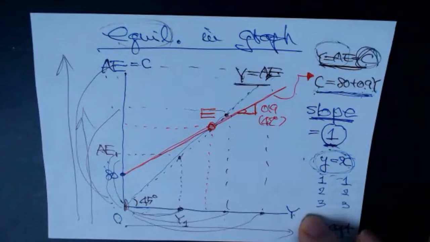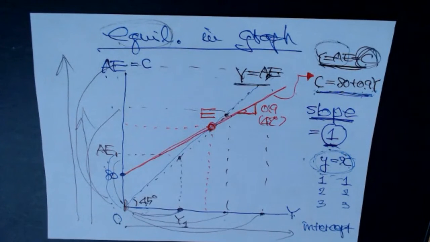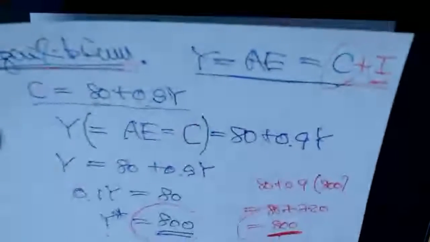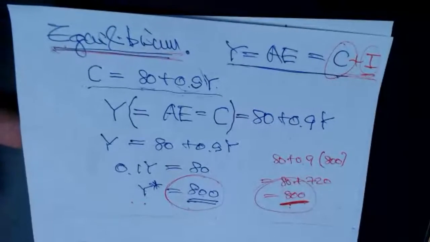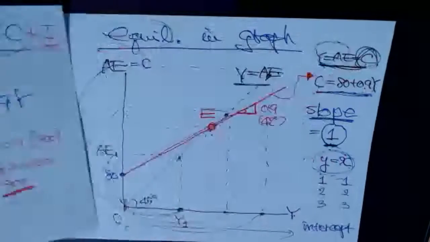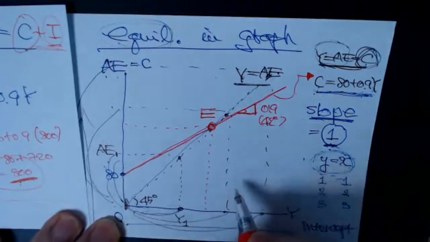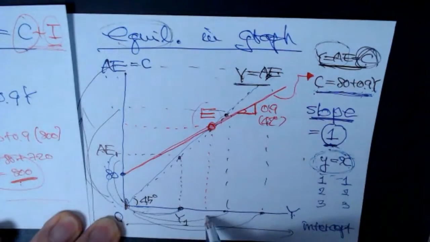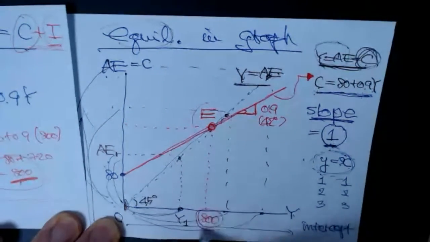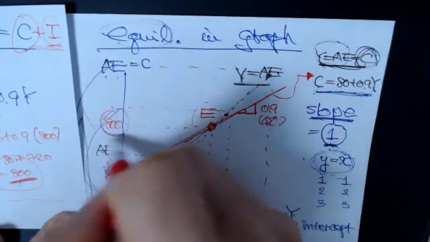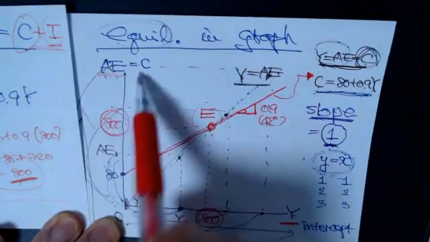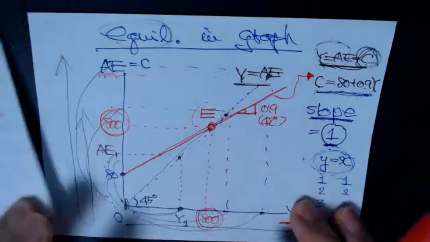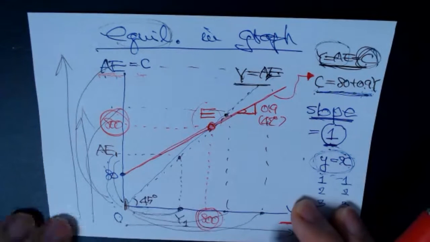This equilibrium is the same as what we calculated using the equation, 800. So you can write here in this way: in this equilibrium, output 800, aggregate expenditure, in this case consumption only. So this is how to do this.